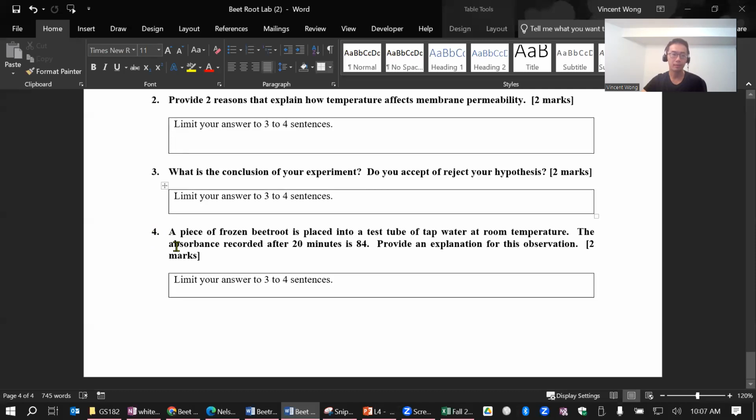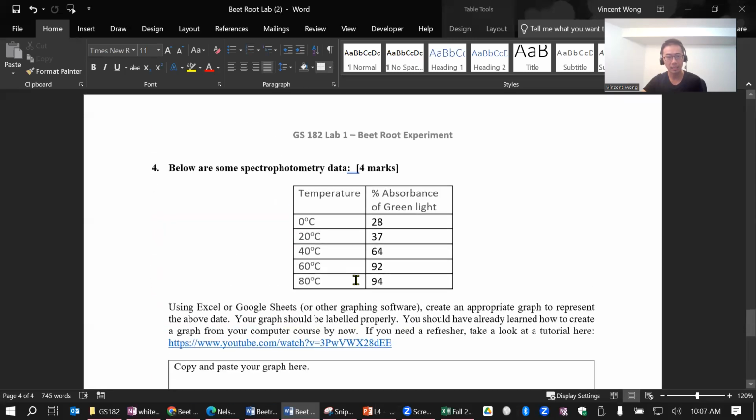Now, it used to be like, nobody ever got this question right. Number 4, a piece of frozen beetroot is placed into a test tube of tap water at room temperature. The absorbance recorded after 20 minutes is 84. Provide an explanation for these observations. So you want to go back to this chart here. 84 is very similar to these high temperatures.